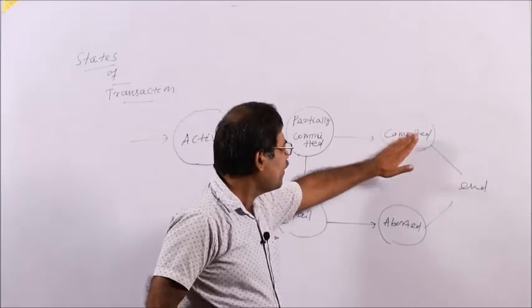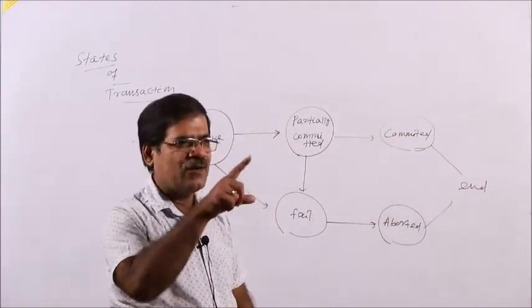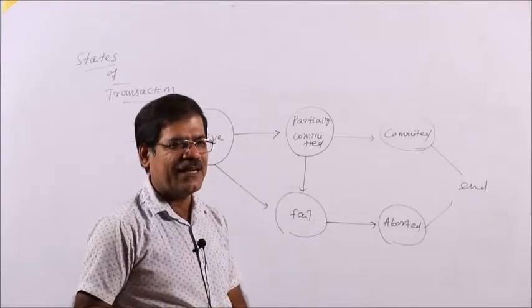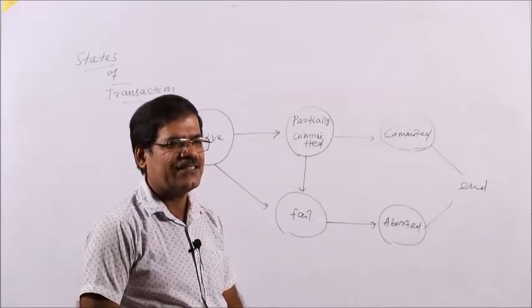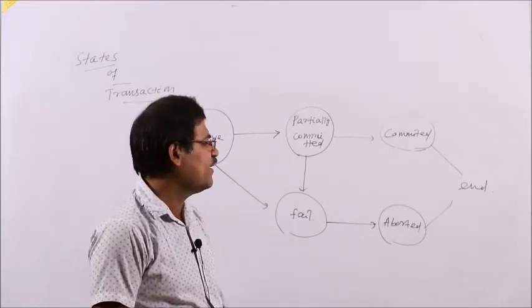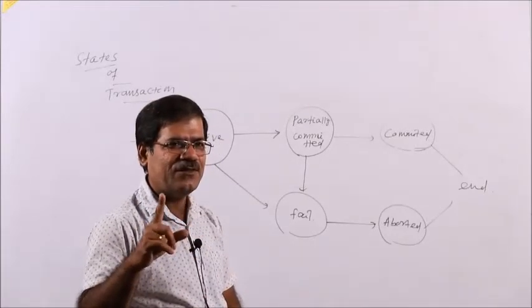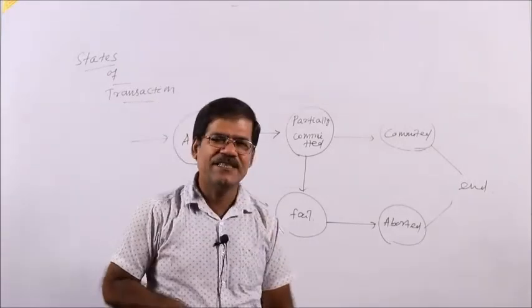Before the end of the transaction, the state is called partially committed. Let there be 20 lines of code. When the 20th line is executed, the execution of the first line to the 20th line is over. That is your commit, and then the updated value is written. Before the 20th line, that is the execution of the first line to the 19th line, is called partially committed, meaning it is not completed.